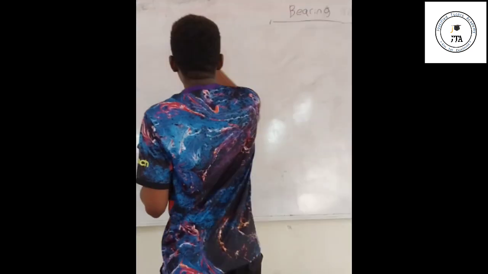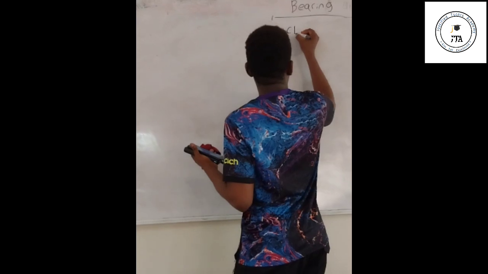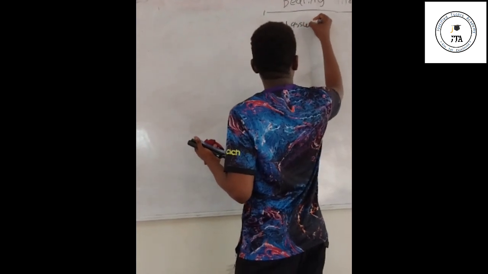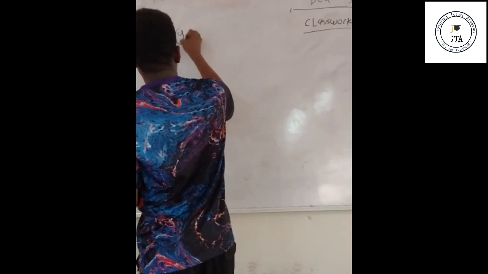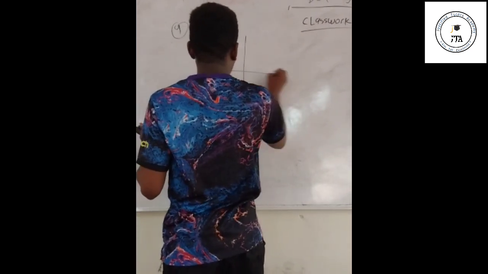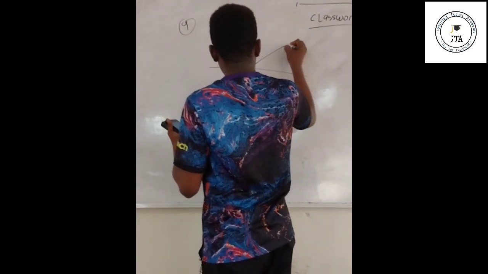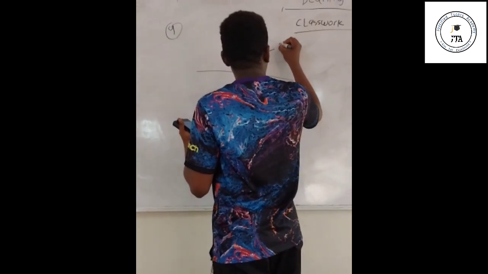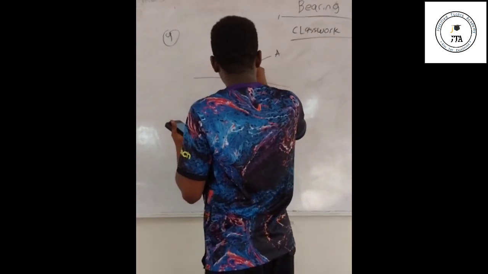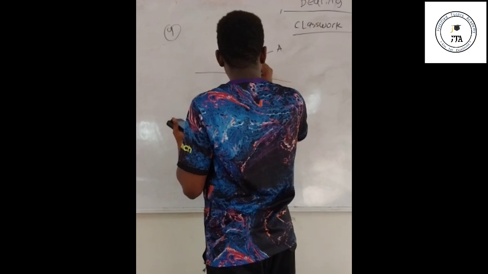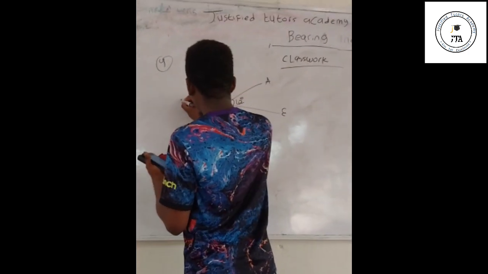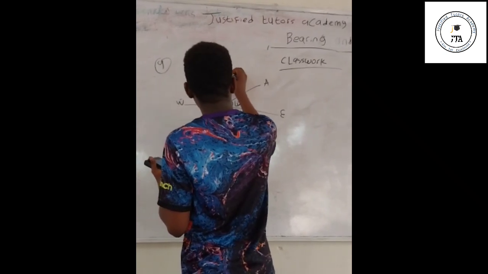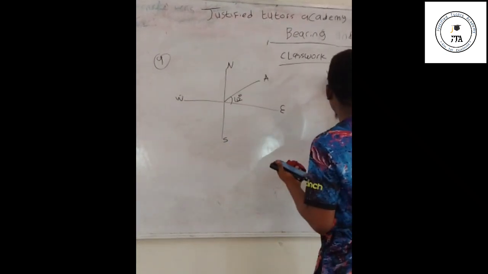So let's go. Let me write it here. I'm having A, and I have B here.